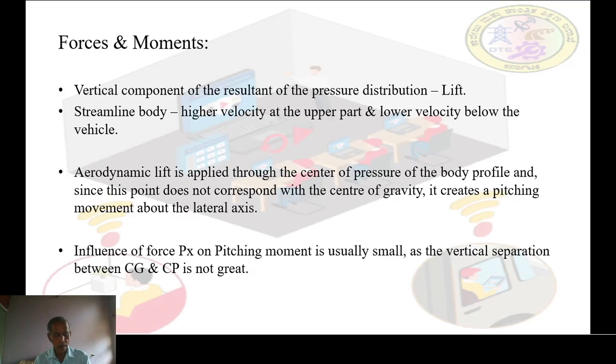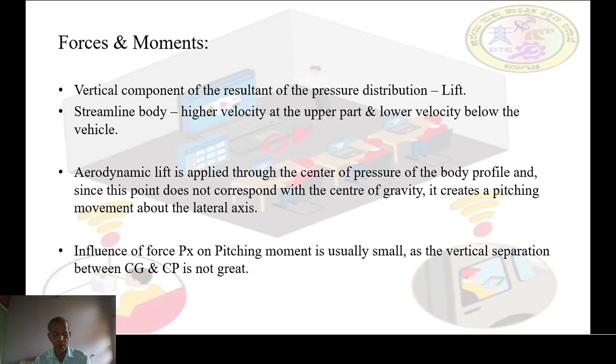Number one, loss of steering on front wheels, meaning steering stability will be reducing. Number two, loss of traction on the rear axle, meaning traction will be reducing at the rear side due to this effect.